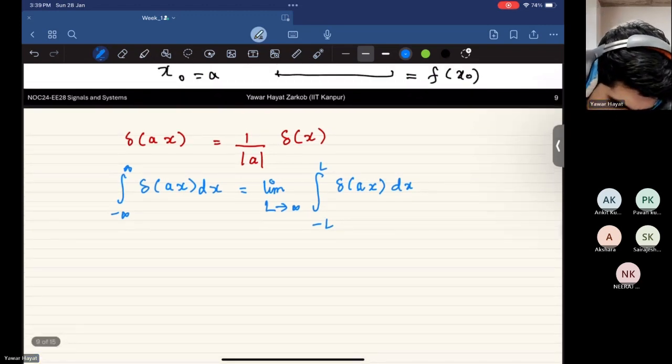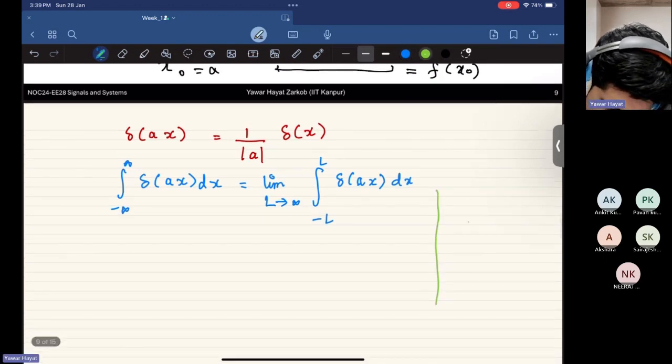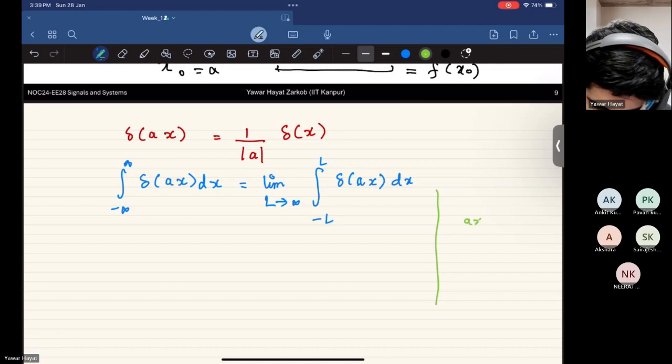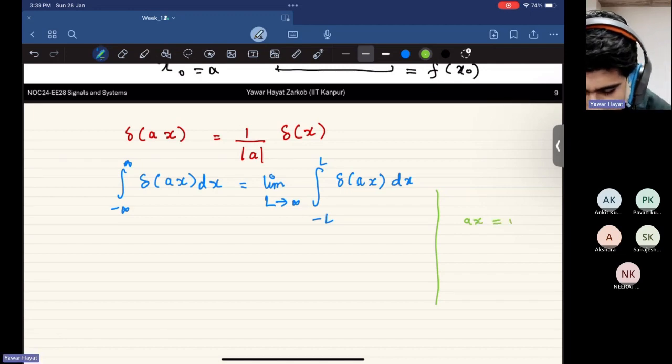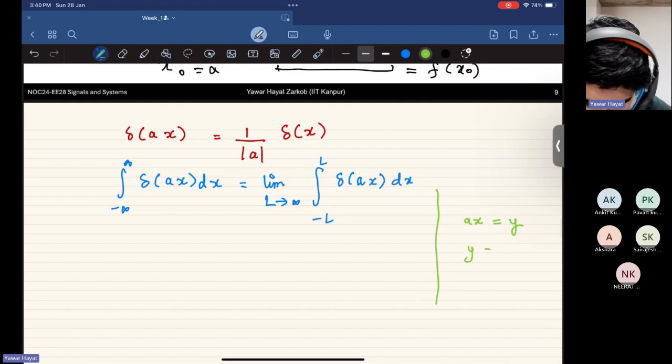Now what we'll do is put this ax as some other variable, say y. What will the limits now be? Earlier the variable of integration was x. Now if we change it to y using this substitution, y is ax.